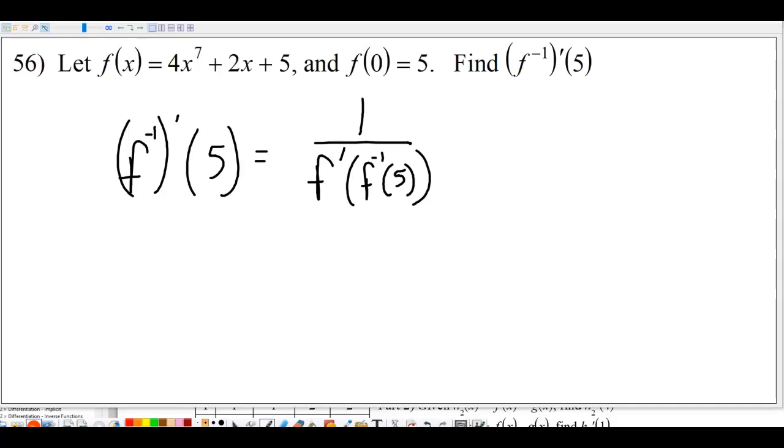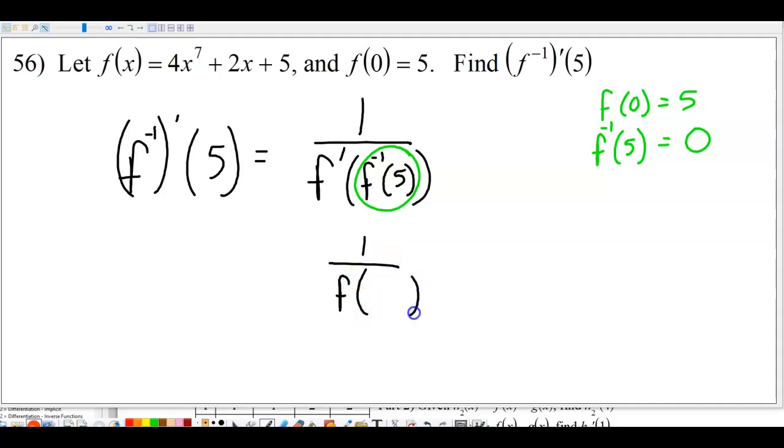So the first thing we want to do is figure out what is f inverse of 5. Well, if f of 0 equals 5, then by the definition of an inverse, f inverse of 5 would have to equal 0. And therefore I can replace the f inverse of 5 inside the parentheses there with 0.